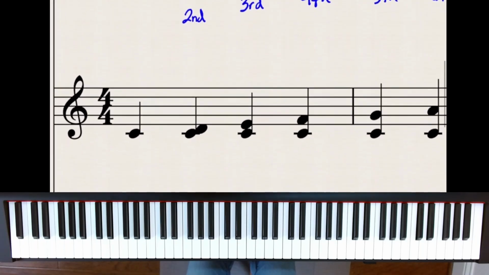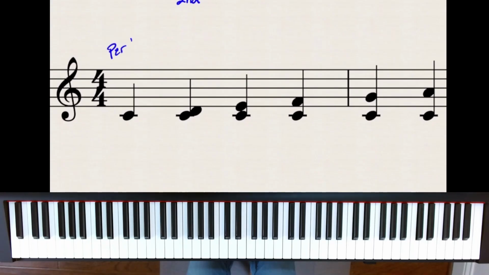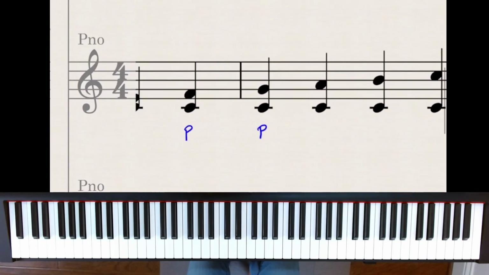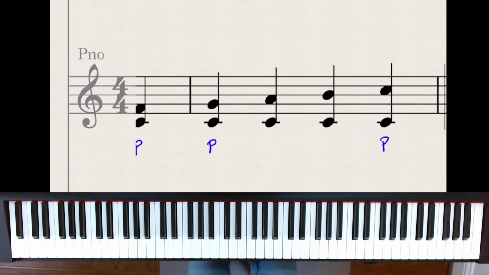So the perfect intervals in a major scale are going to be the first note in the scale, the fourth note from C to F, fifth note from C to G, and the octave from C to C. Okay?